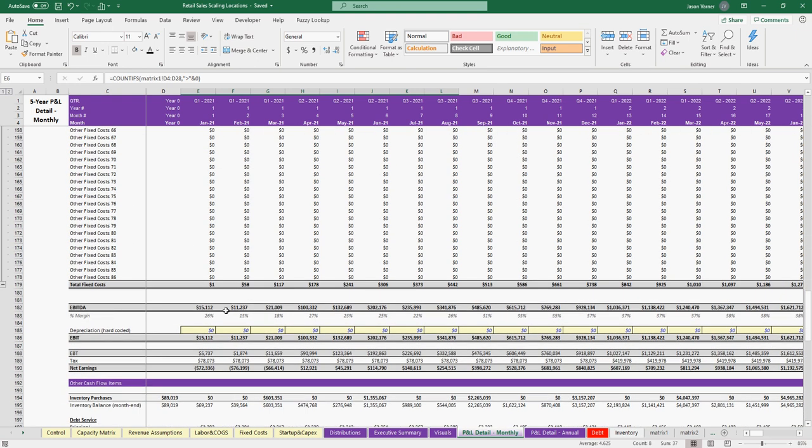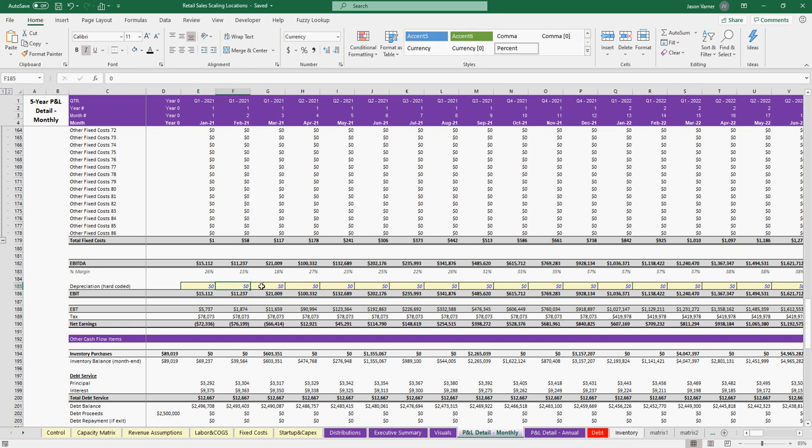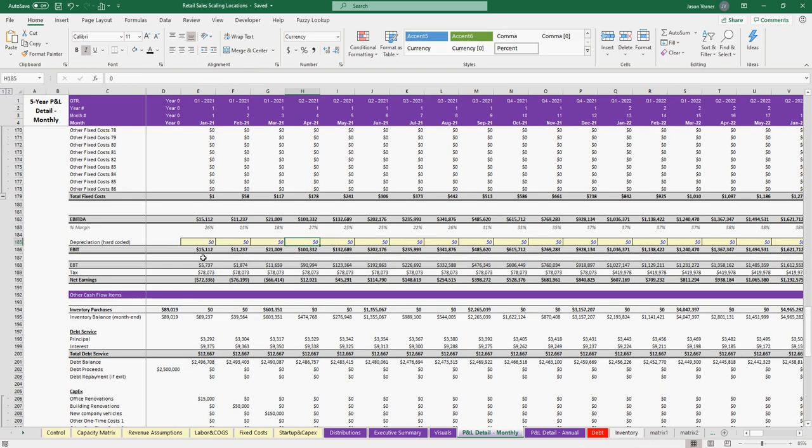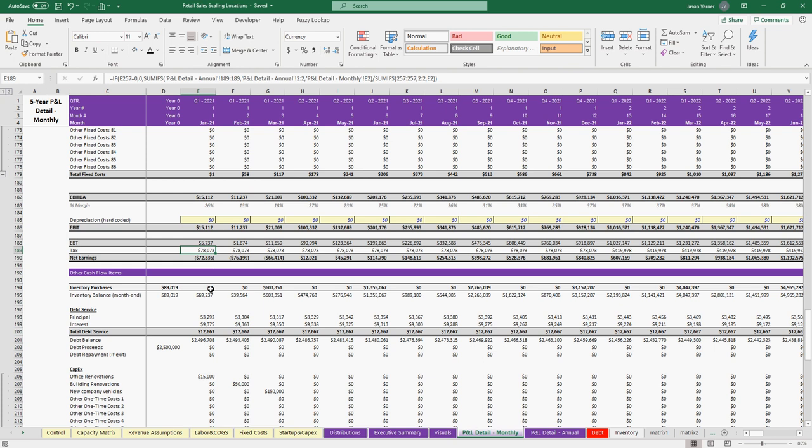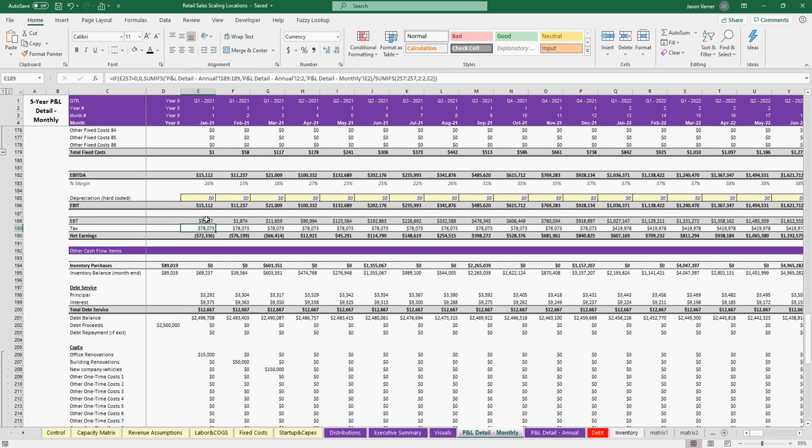Then we've got EBITDA. After that, then you've got depreciation, which you can hard code in or figure that out elsewhere and have it slip into here. You've got EBIT, then EBT, and then taxes based on that rate. If it has a positive EBT in the P&L annual, it'll do taxes, and it'll split that up based on the active months that exist for that year.